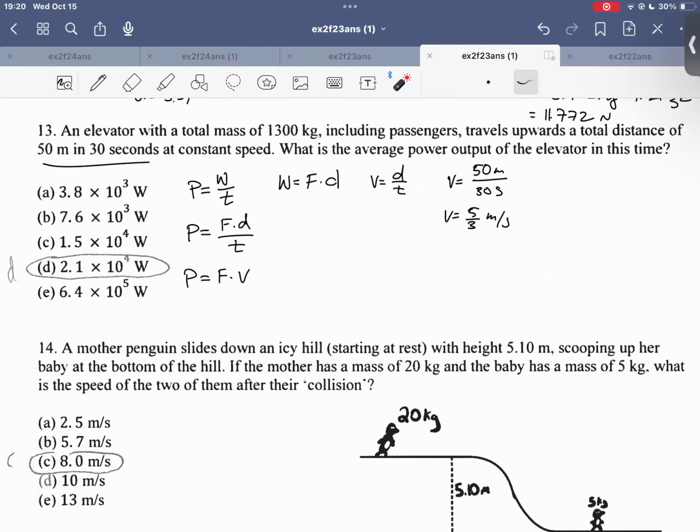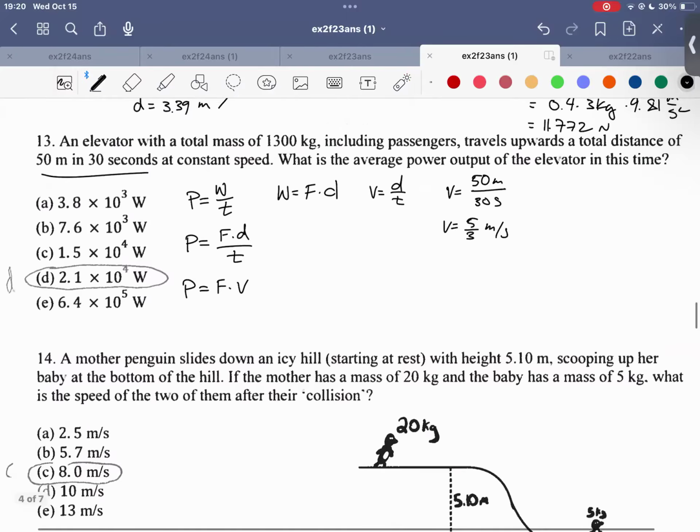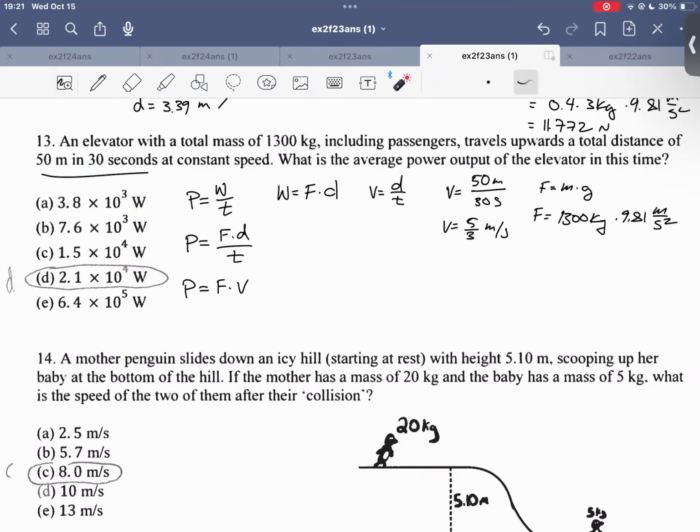But what they're getting at with this question is that the force is actually due to gravitational acceleration. So when we solve for force, we're going to use 1300 kg times 9.81 meters per second squared. And putting the force and the velocity together and multiplying them, that should give us our correct answer.